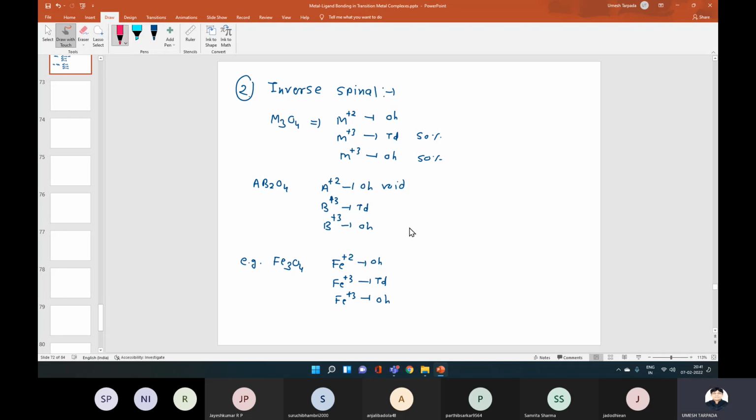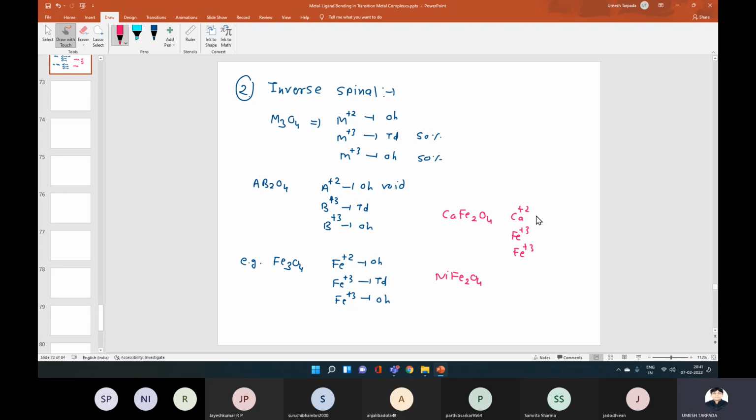So this you can call inverse spinel structure. Similarly, there are other ferrite salts, like CaFe2O4, or you can have NiFe2O4. Here Ca+2 is there and two Fe+3 are there.